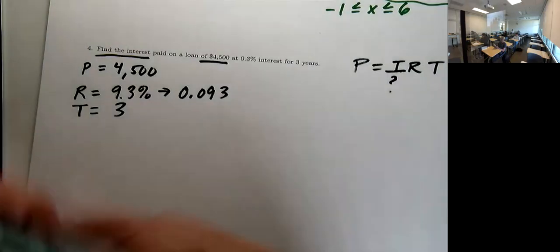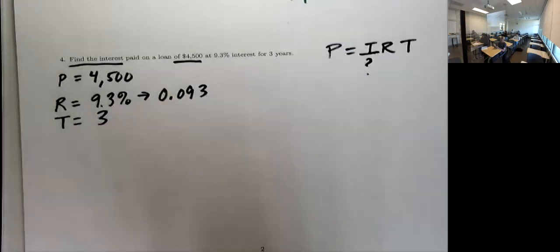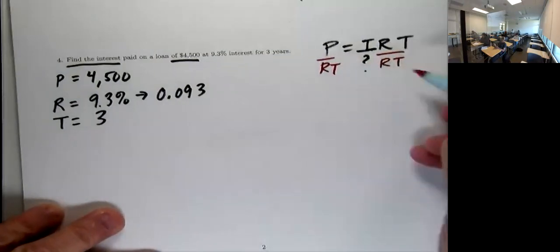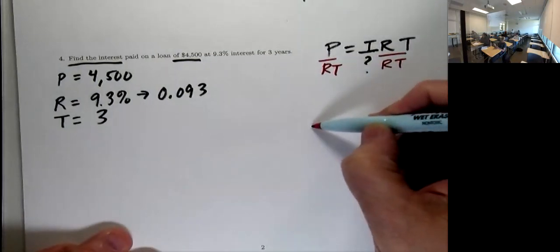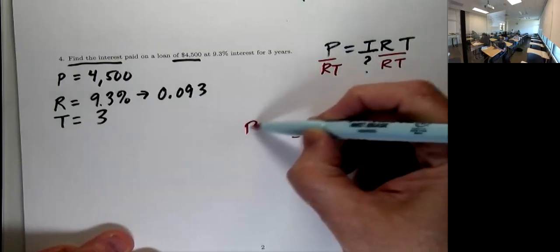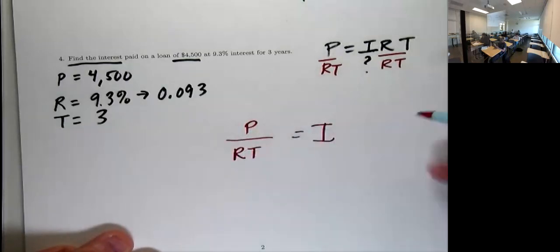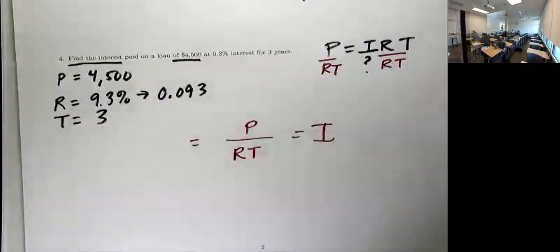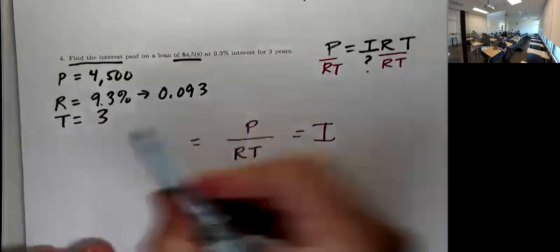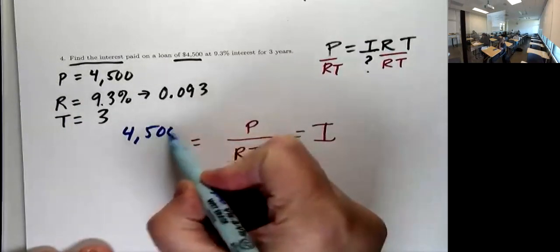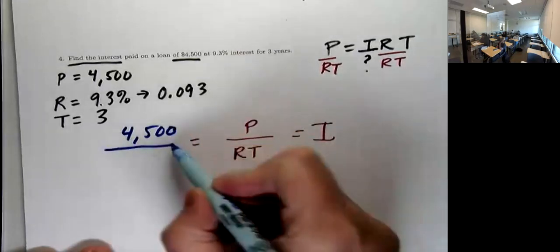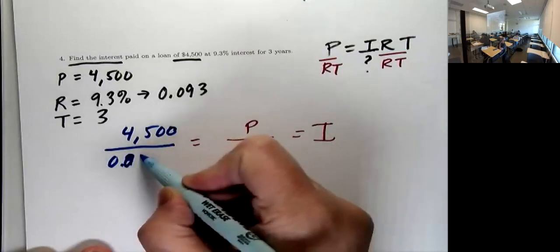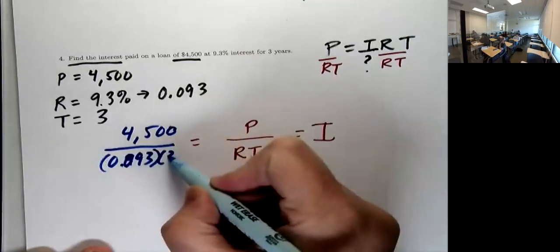So I'm going to divide both sides by the RT. If I do that, I get I equals P divided by RT. And I can start putting in the values that we have, 4,500 on top. I have 0.093 on bottom, and it's multiplied by 3.